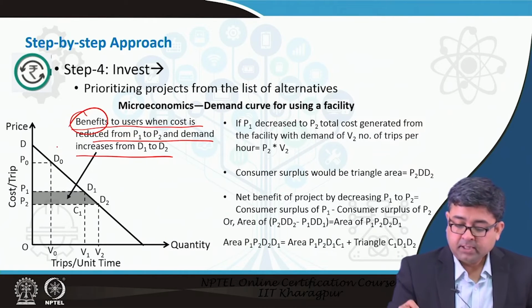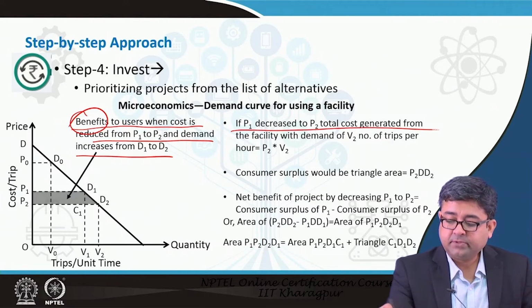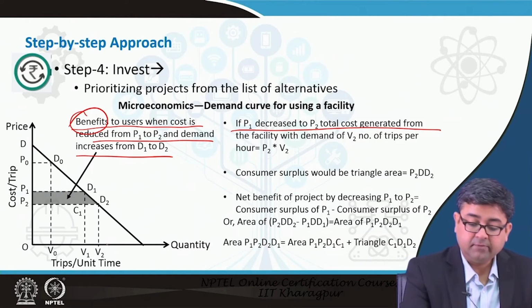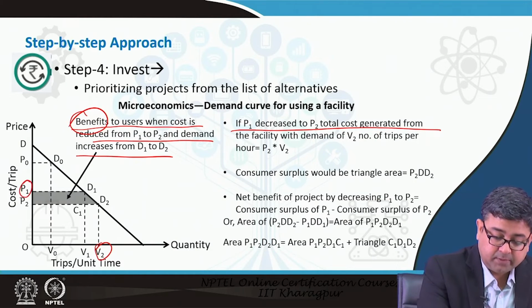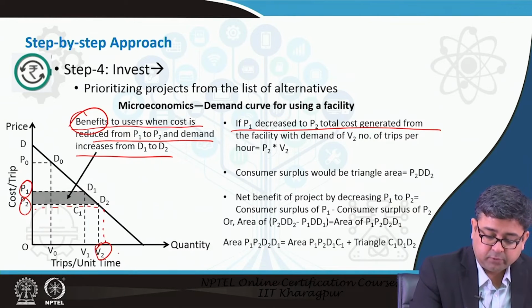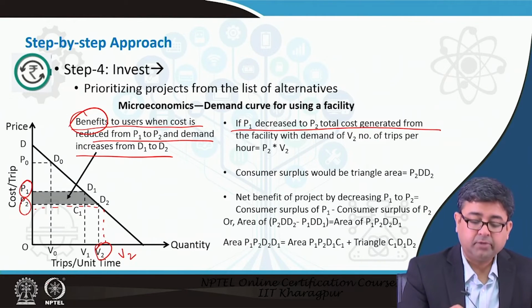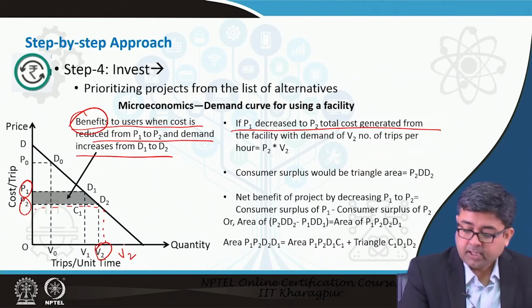When you reduce the price for the user, how do the benefits change and how do you quantify those benefits? Step by step, if P1 decreases to P2, the total cost generated from the facility is with demand V2. The original price was P1, now it is reduced to P2. For P2 the demand is V2, the number of trips per unit time, the number of people using it.